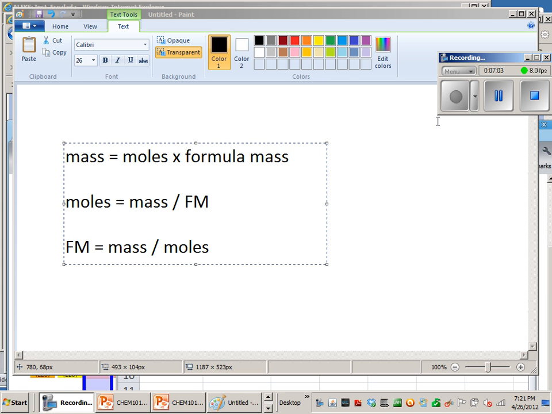And if you're using these, you know you're using them correctly if the units cancel out. So you can use the unit conversion method, or you can use these formulas to get them in the right order. But again, the units have to cancel out, or otherwise you're doing something weird. Remember that mass is going to be in units of grams or kilograms, formula mass is going to be in units of grams per mole, and moles are going to be in units of counting, or moles.